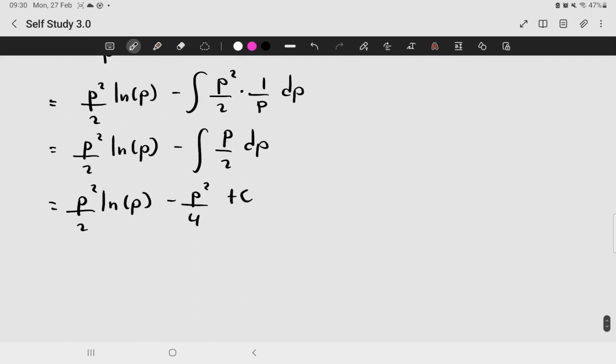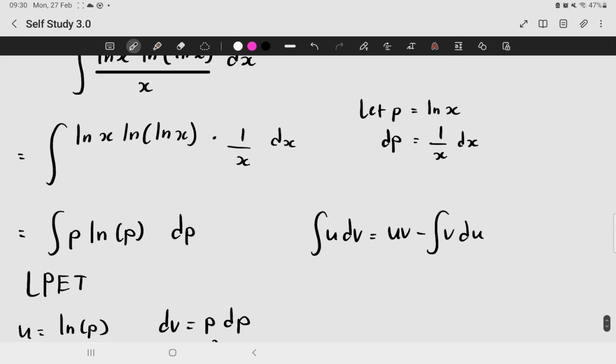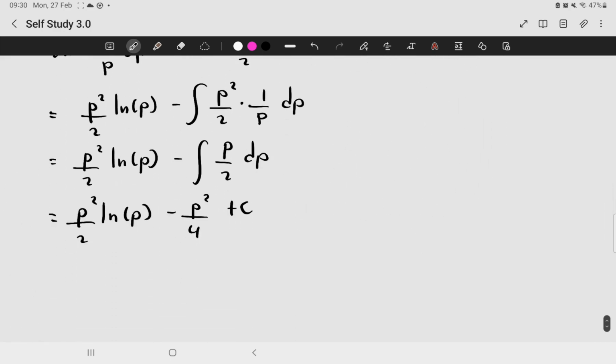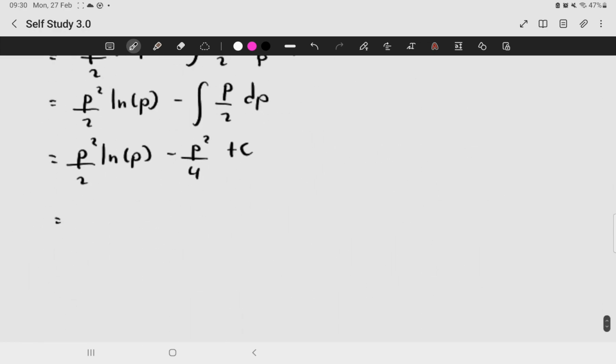If you want to simplify this, I mean, you can by factoring out. But before that, we know that p comes from ln of x, so we have to substitute back into our answer here. Sorry. So p will be ln of x.